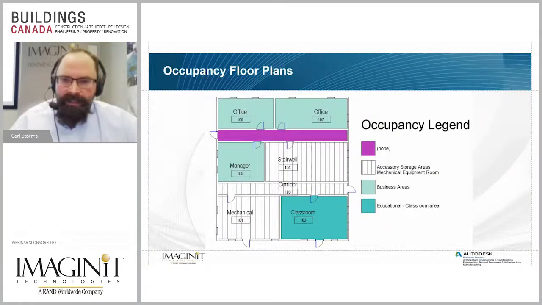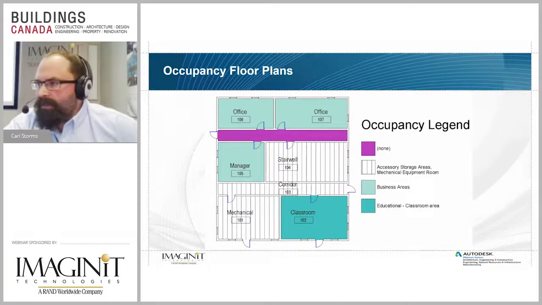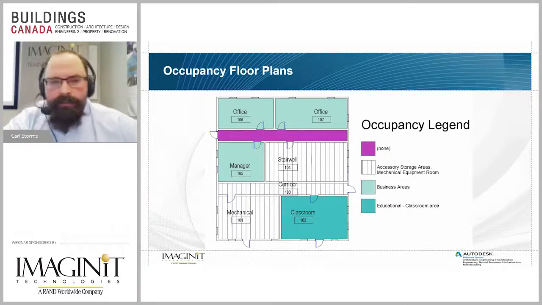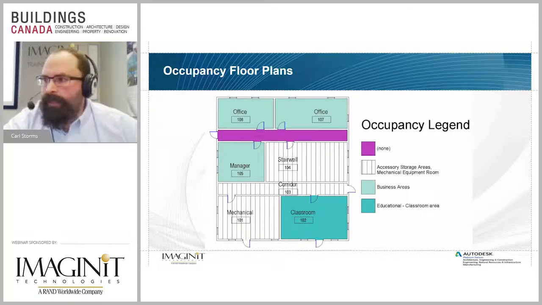We also have the ability, as we're doing this, to start looking at some other things. So we can very quickly pull in an occupancy legend that will tell us at a glance, by looking at different colors and areas, what we have inside of our model and what the occupancies are. And again, a very quick and dirty element that allows us to do this, but we don't have to reinvent the wheel.